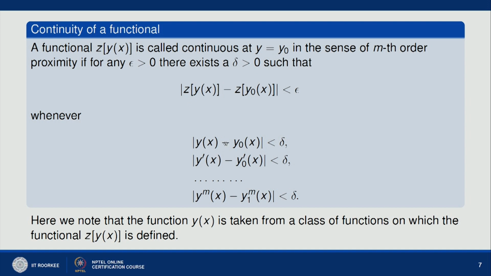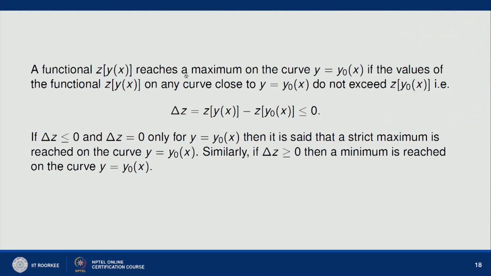After defining this, with the help of the increment of a functional, we can now define maximum and minimum values. We say that a functional z[y(x)] reaches a maximum on the curve y equal to y naught(x) if the values of the functional on any curve close to y naught(x) do not exceed the value of z on y naught(x).